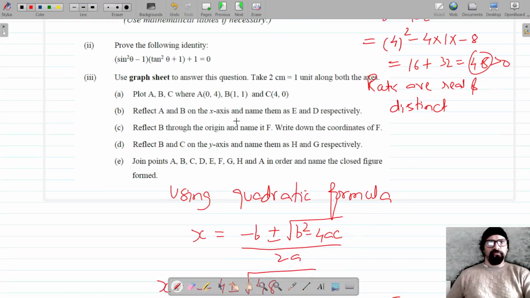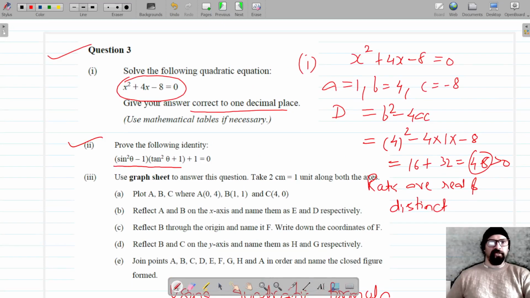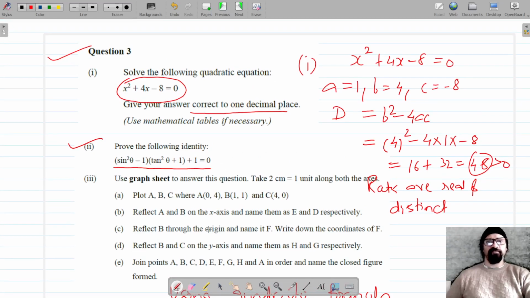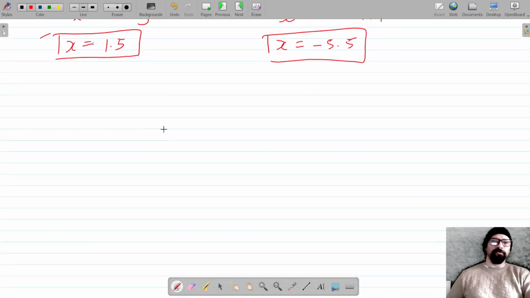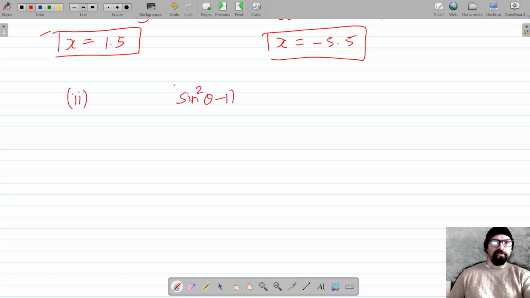Okay, moving on to the second part. We have to prove this identity, the second identity that we have to prove. The identity is (sine squared theta minus 1) into (tan squared theta plus 1) plus 1 is equal to 0.